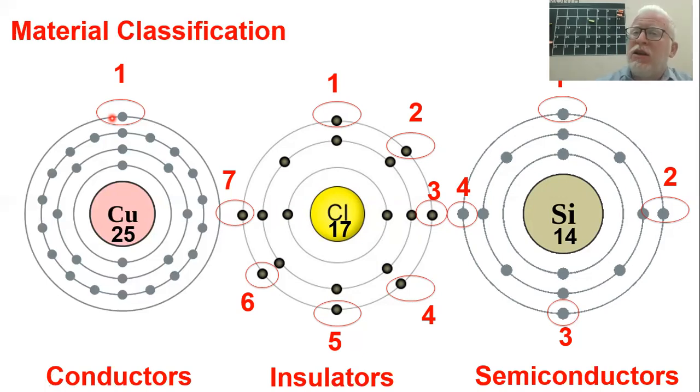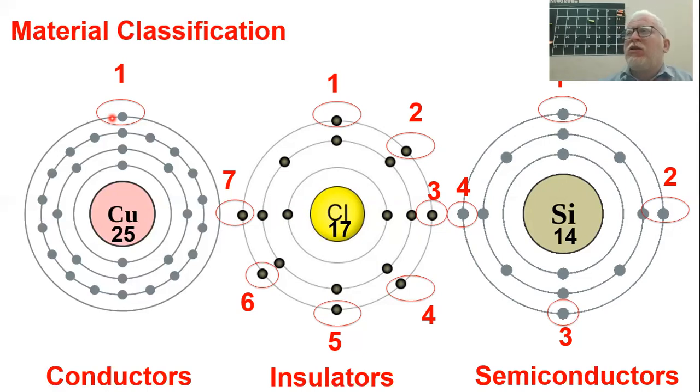The answer is yes, because in each 1 mole of the material, you have an Avogadro's number of atoms, I mean something like 10 to the power 23 atoms per mole. So if each atom donates 1 electron, then per mole you will have something like 10 to the power 22 or 23 electrons. That's why copper has such a huge conductivity.